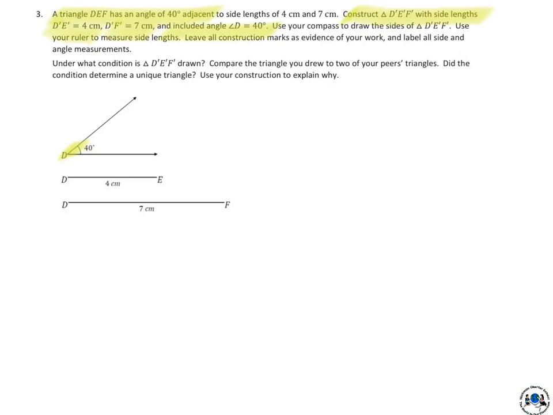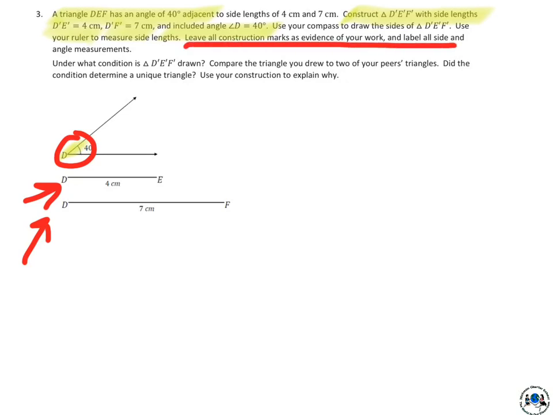So now you're given two sides and an included angle. Leave all your construction marks as evidence, and then we will talk about which conditions. So go ahead and do that and see what you come up with. Again, use whatever tools you need.